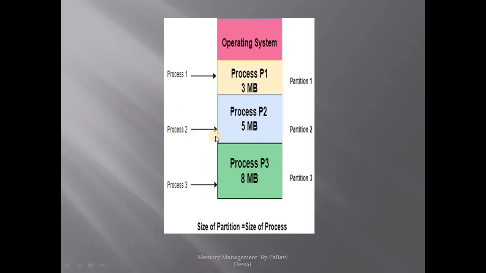Process P2 arrives and the next partition, which is of 5 MB, is given to process P2. Similarly, process P3 arrives, which requires 8 MB of memory, so the third partition is allocated to process P3. So in this case you can see that the partition size has changed.